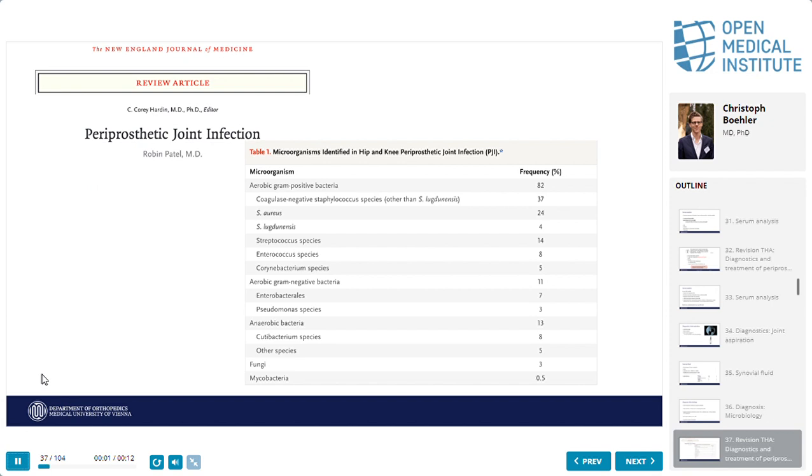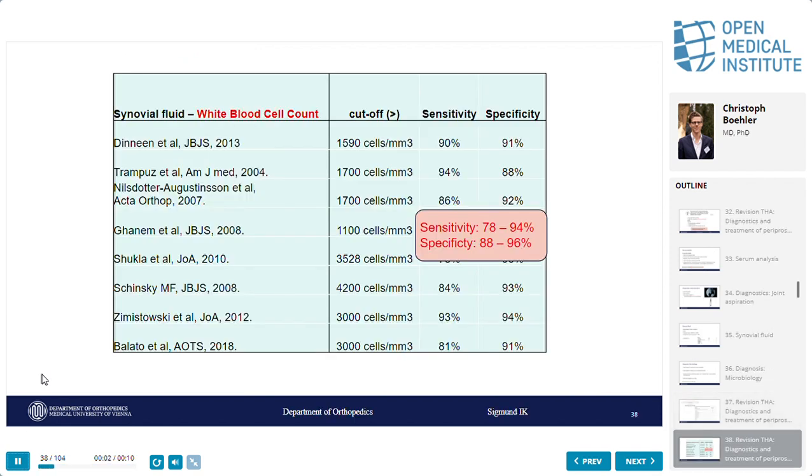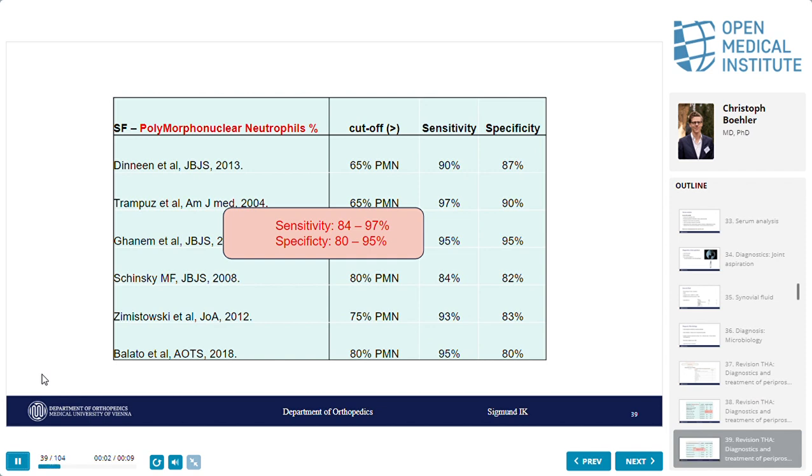So, which germs are you facing? Staphylococcus epidermidis is the most common one, and then Staph aureus. So these two you should bear in mind. White blood cell count has a high sensitivity and specificity through all these studies, and also the PMNs with 80%, also high sensitivity and specificity.